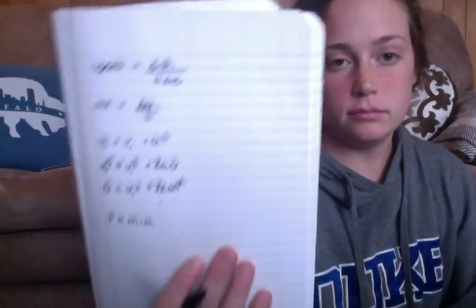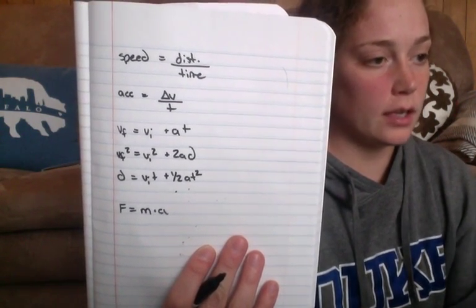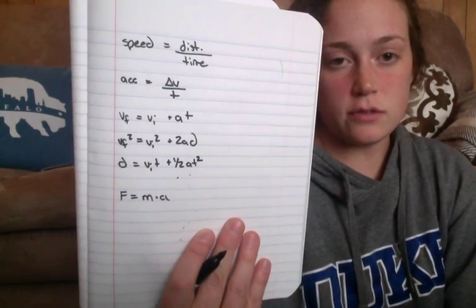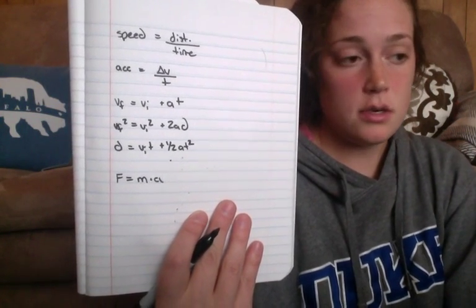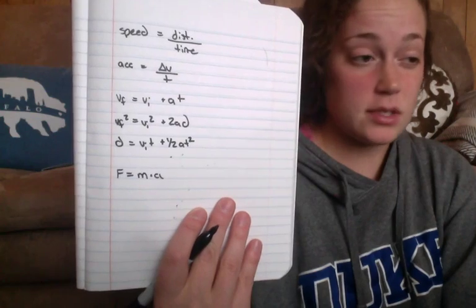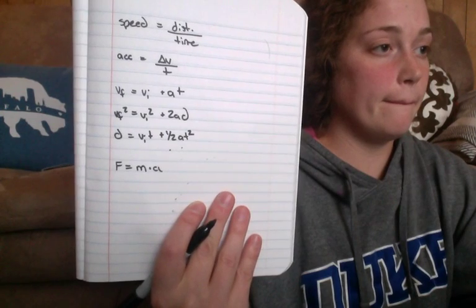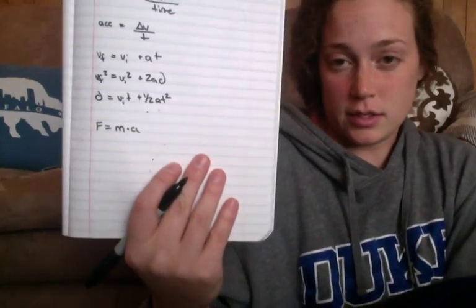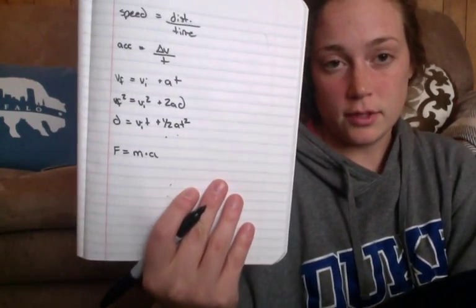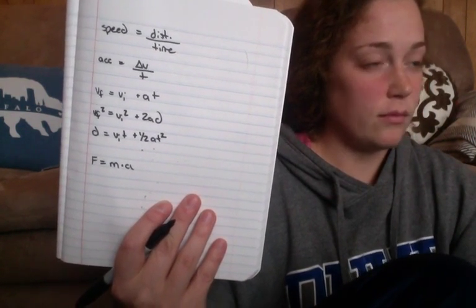I mean, that's a start. So speed equals distance divided by time. Your acceleration is equal to your change in velocity over time. Your three kinematic equations. Force equals mass times acceleration. I'm going to leave this up. And then you just also need the centripetal acceleration formulas, which I'll write down in a moment, because I'll give you a second to copy this down. Or I could take a picture after and just send it to you.